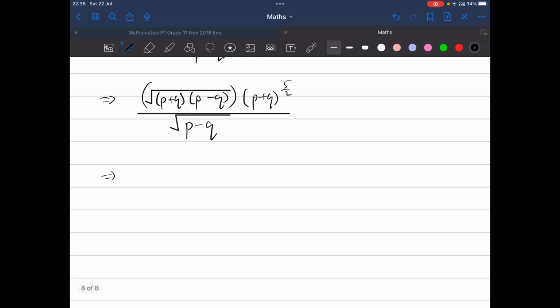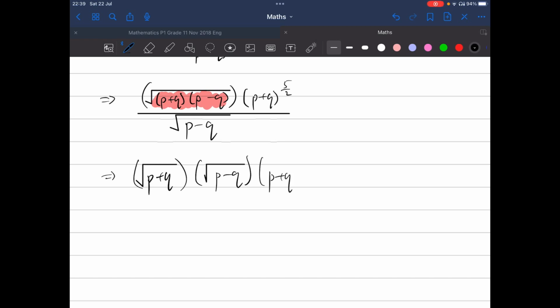When it comes to two brackets being multiplied under a square root, I can just isolate them. Okay, so I can say p plus q times the root of p minus q. Okay, so I just took this and I broke it down into these two parts. Okay, and this remains the same, so I'll just bring that down.